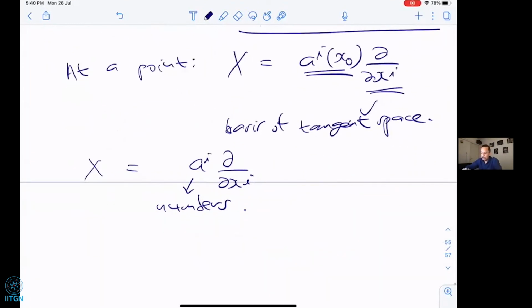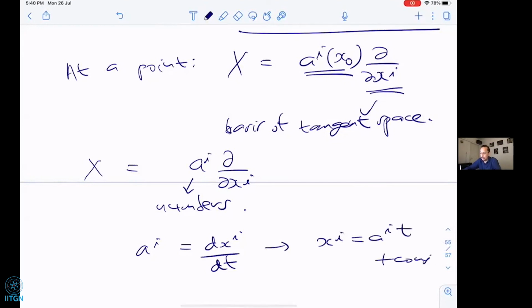It's very simple. I'll just declare that ai equals dxi by dt. In fact, I can even go further and say that xi is ai t plus constant. Just a straight line.